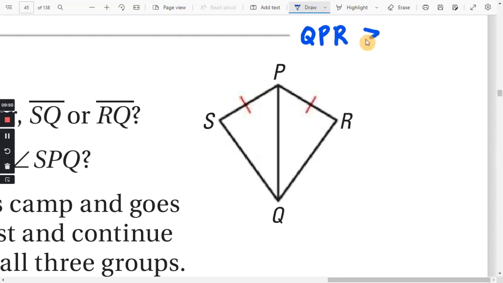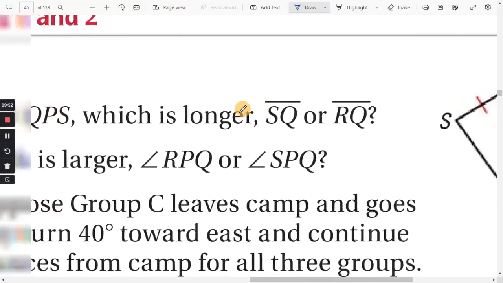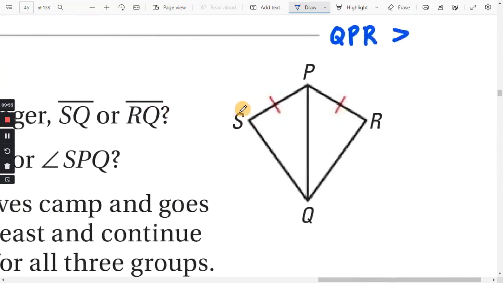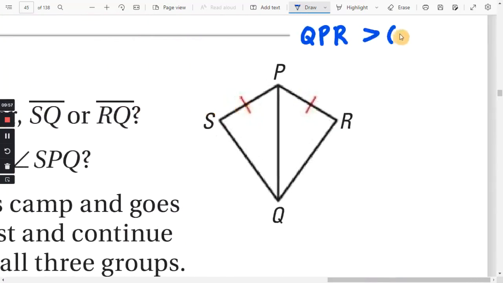All right, we're talking about the angle here. I didn't really write it properly. QPR is greater than QPS. So please tell me which side is longer, SQ or RQ.